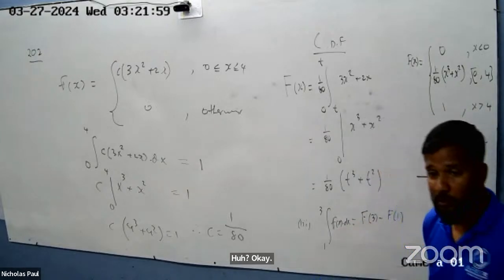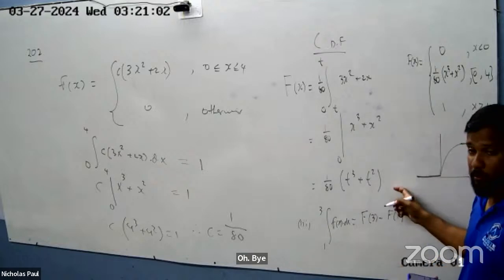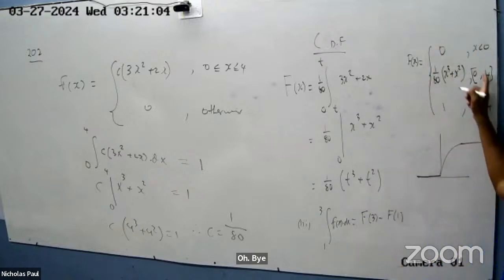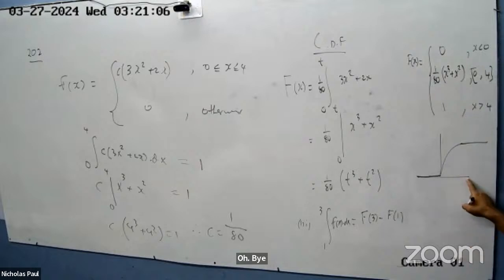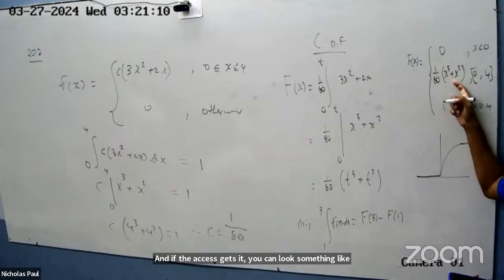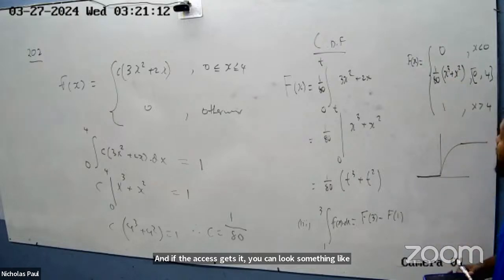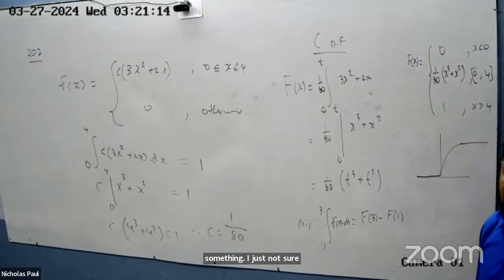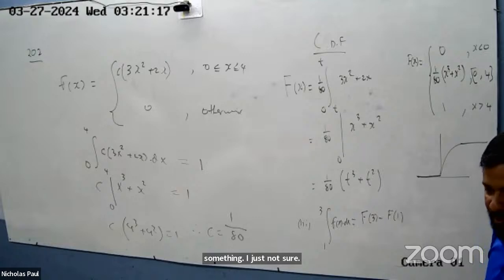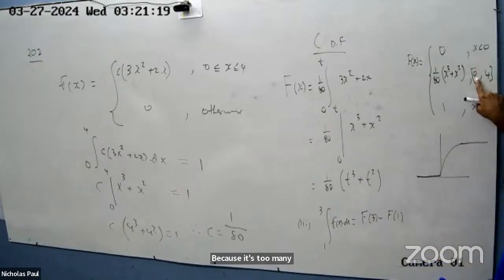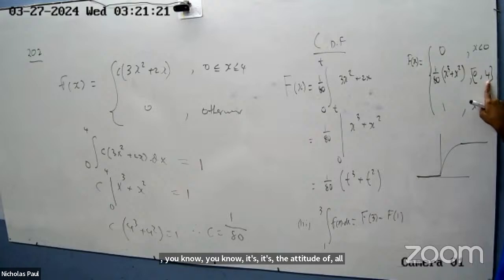Part 2 is the answer. And if they ask you to sketch it, it can look something like this. Because it's cumulative, remember, cumulative means you have to cater for all the values before and beyond.